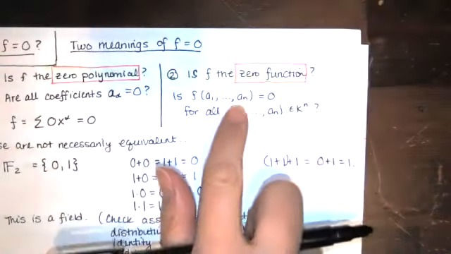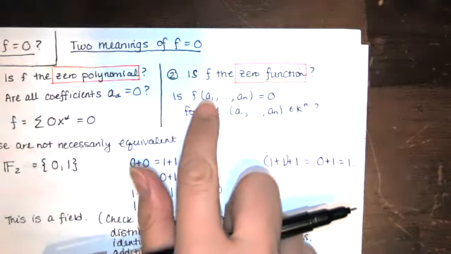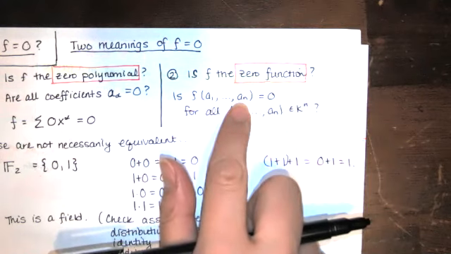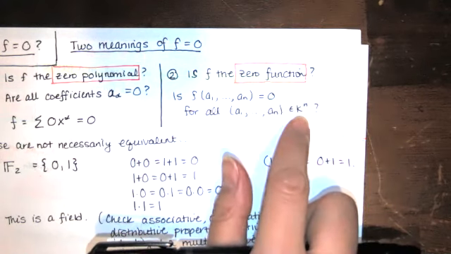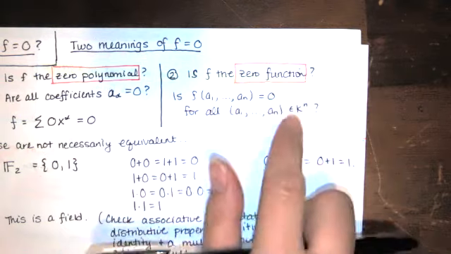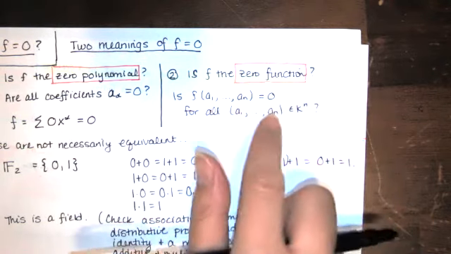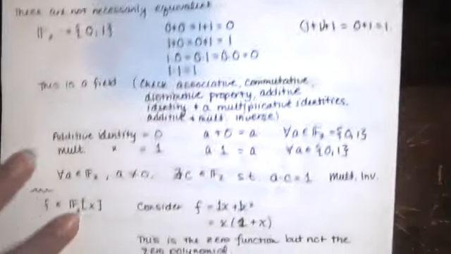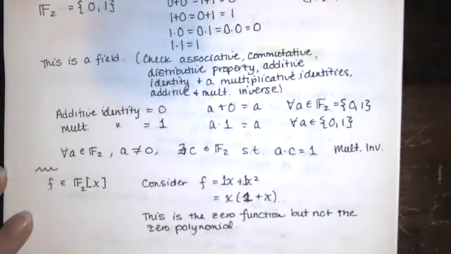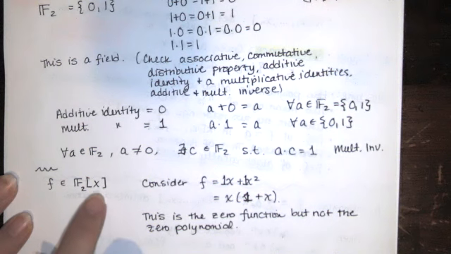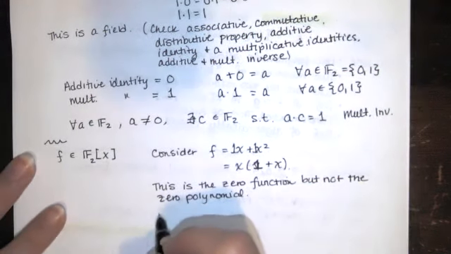We're saying that something is a zero function if you can plug in any value from the field, that n-dimensional affine space actually that you're interested in, and you get 0 back for every single member of that n-dimensional affine space. Now this is just one-dimensional affine space because you have a single variable x here.